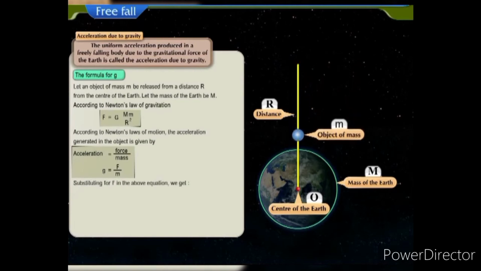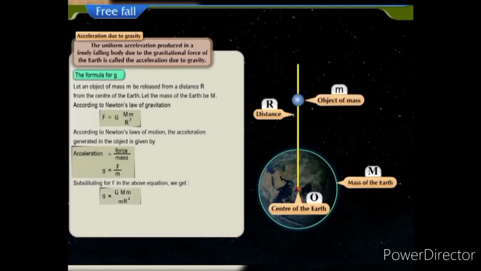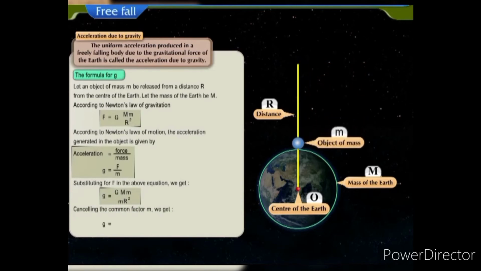Substituting for F in the above equation, we get g is equal to G M m upon m r square. Cancelling the common factor m, we get g is equal to G M upon R square.